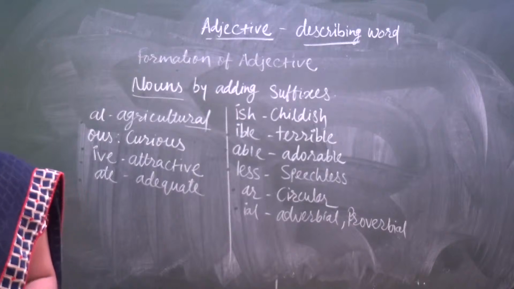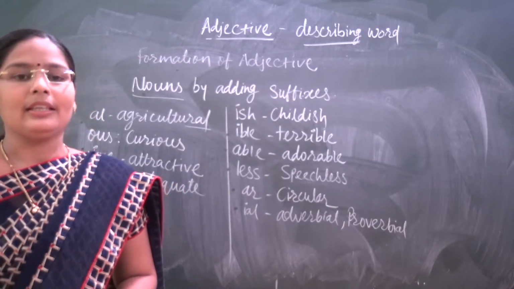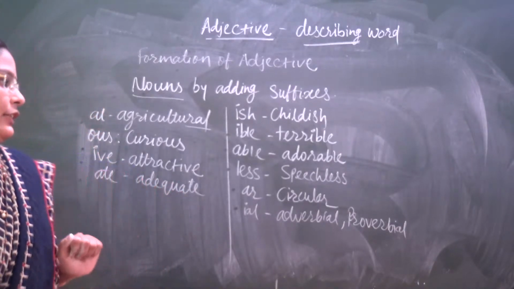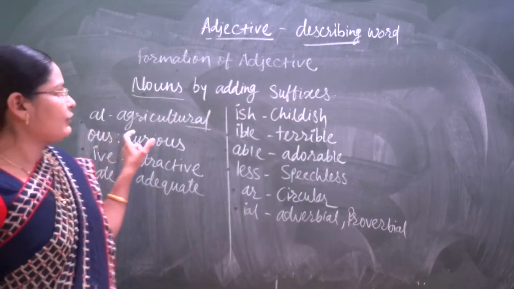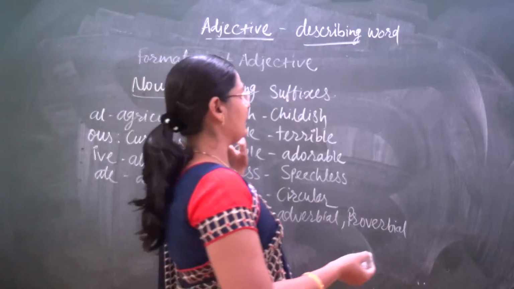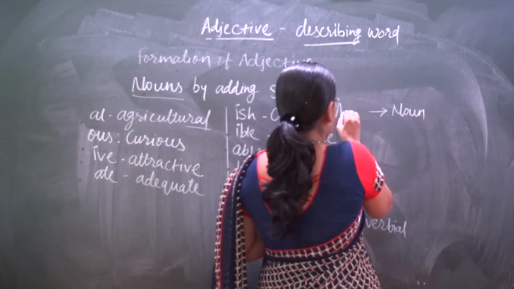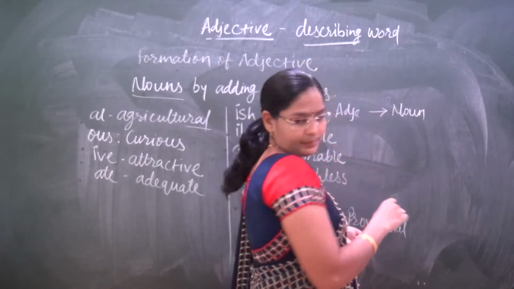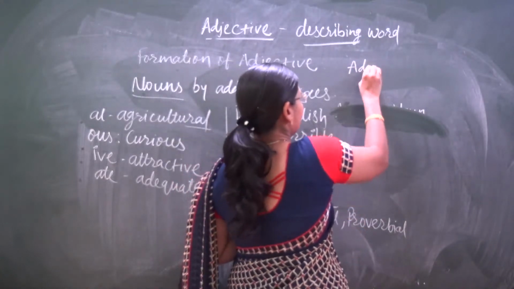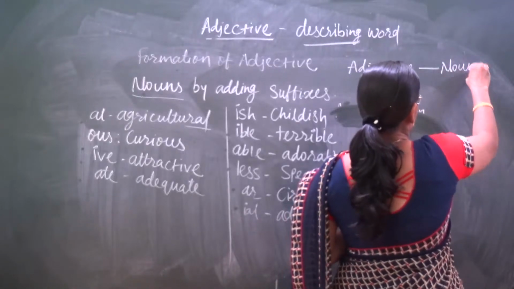As you know, similar words are used as an adjective and as a noun. Then how to identify whether it is a noun or an adjective? To identify whether the word is a noun or adjective, you should see whether the word is followed by a noun or not. If it is an adjective, it is always followed by a noun.